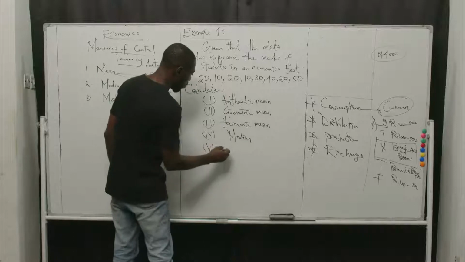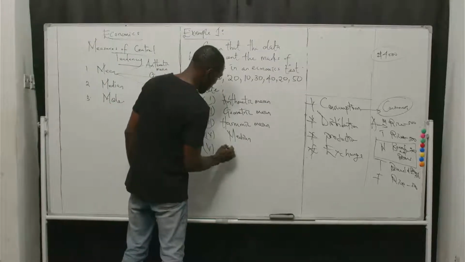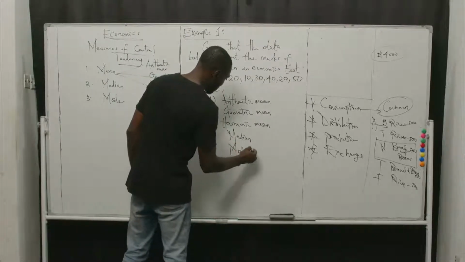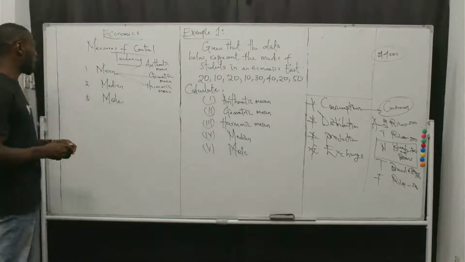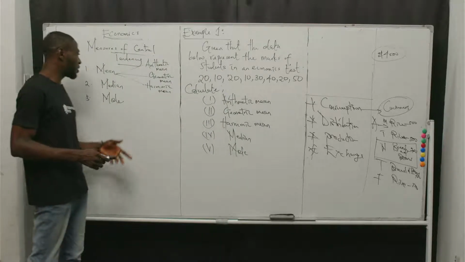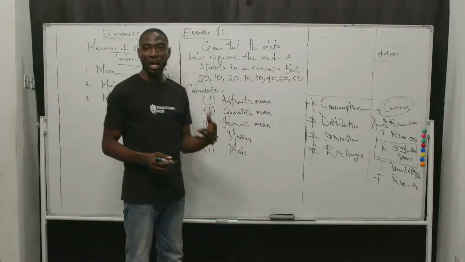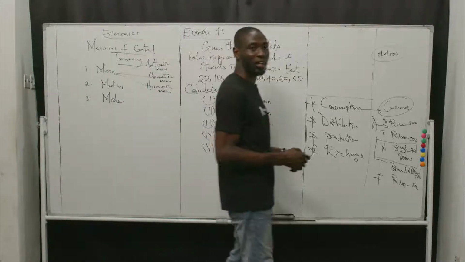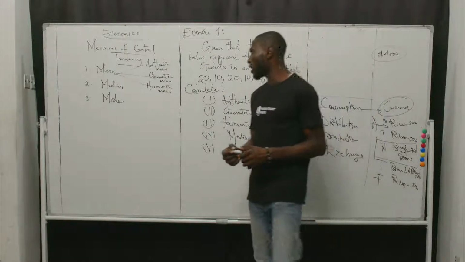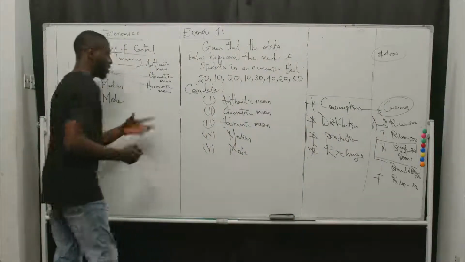Then V, mode. Okay? All right. Now, so we said arithmetic mean, geometric mean, harmonic mean, median, and mode. Now, here we want to see how we can solve this.